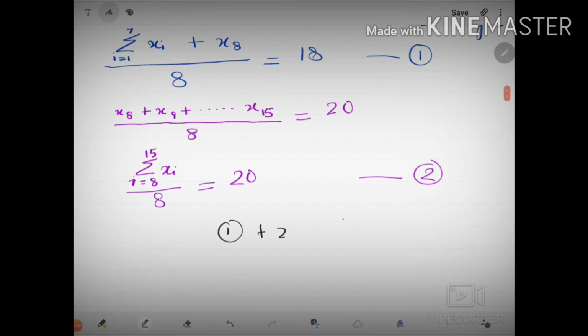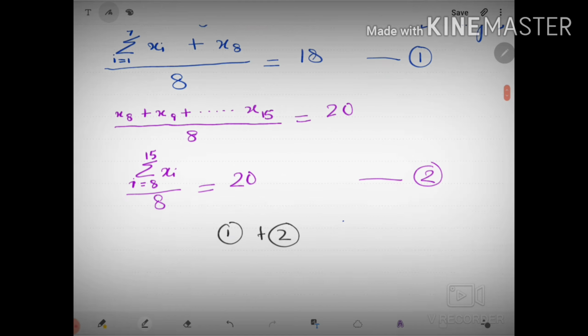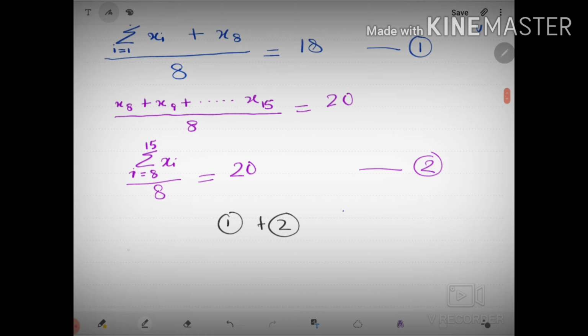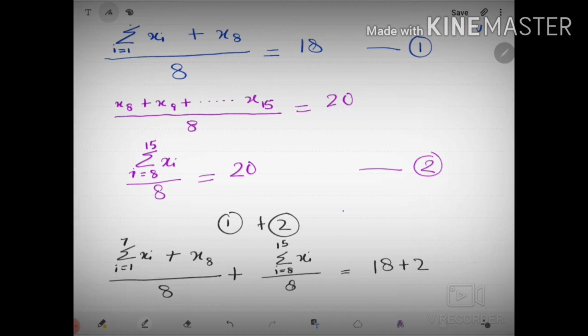So 1 plus 2 we will be doing here, and this will give us sigma xi, i equals 1 to 7 plus x8 divided by 8 plus the left hand side of the second equation, which is sigma xi, i equals 8 to 15 divided by 8, and this is equal to 18 plus 20.